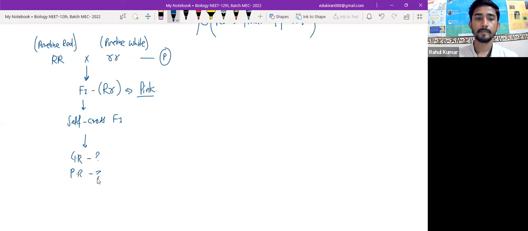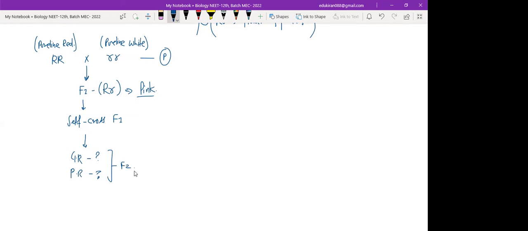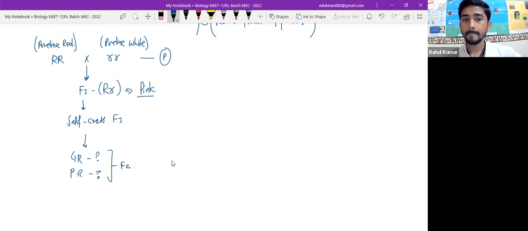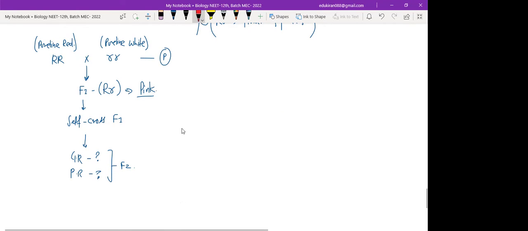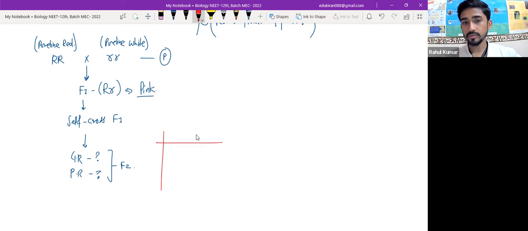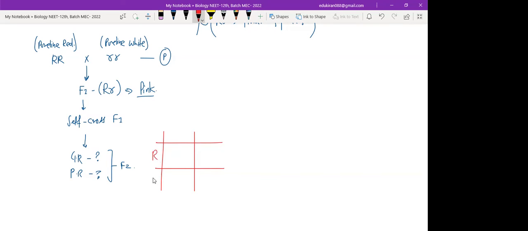Quickly. Both will be 1:2:1. Yes. Otherwise, what should have been the ratio? The genotypic ratio should have been 1:2:1, and the phenotypic ratio should have been 3:1.